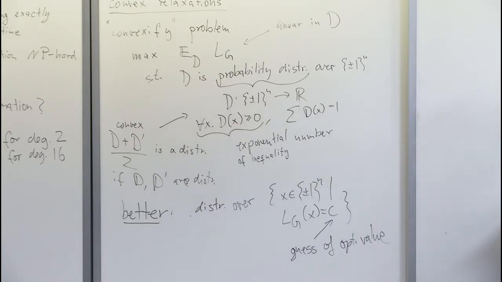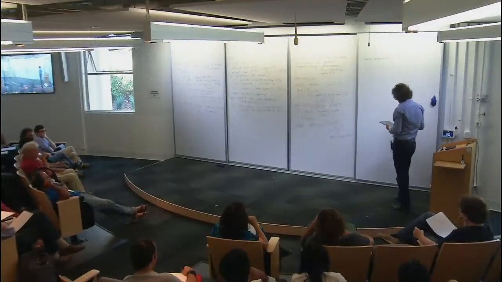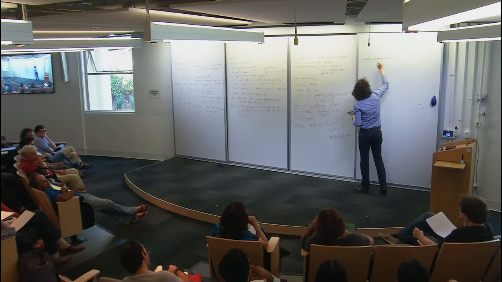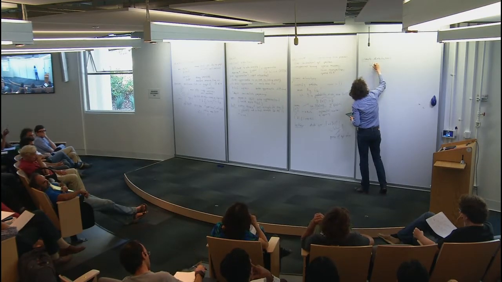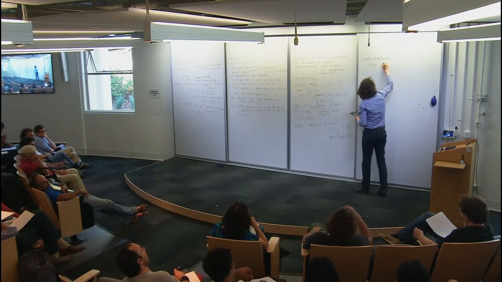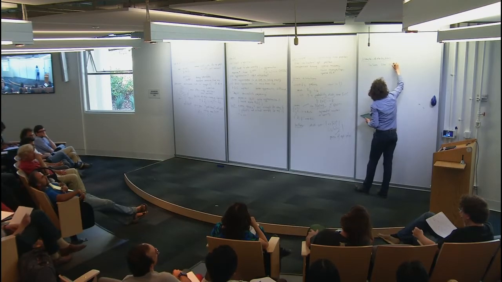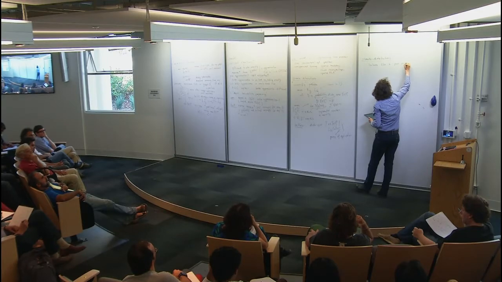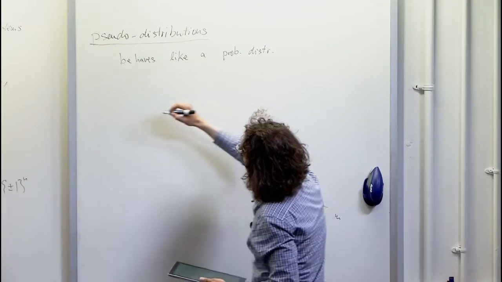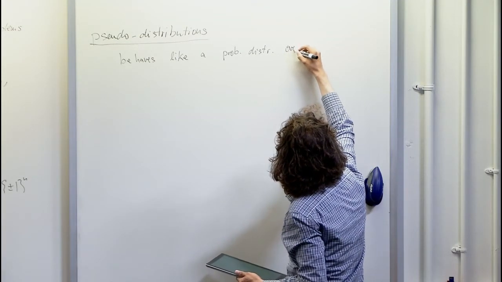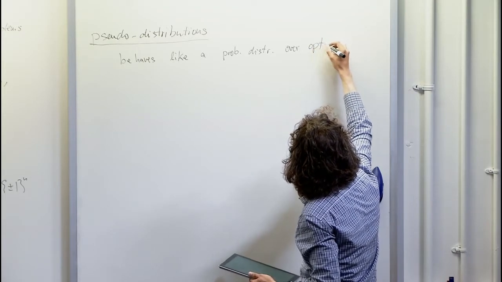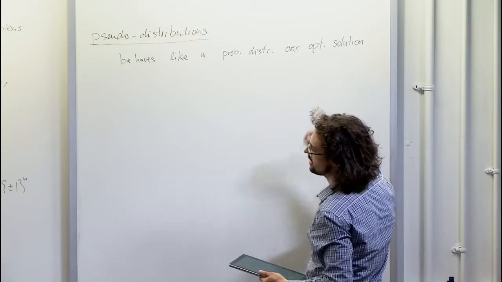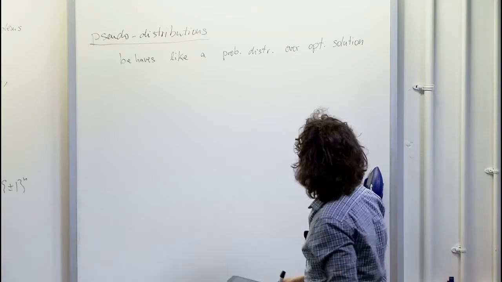Okay, so what is a pseudo distribution? A short way to think about it is that it behaves like a probability distribution over, let's say, optimal solutions. So in the case of max cut, over optimal cuts in the graph.